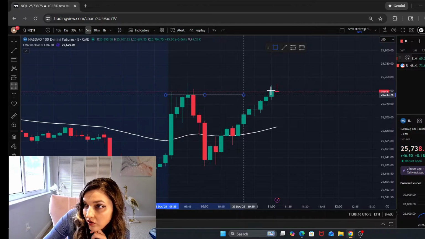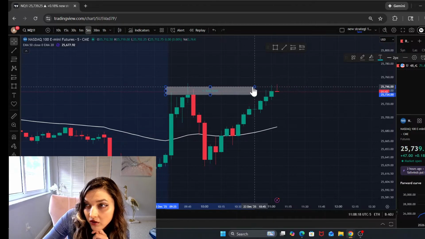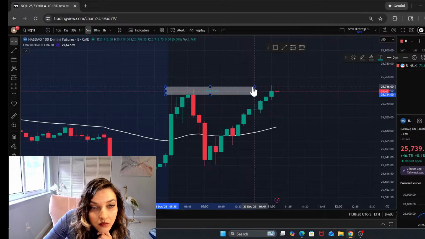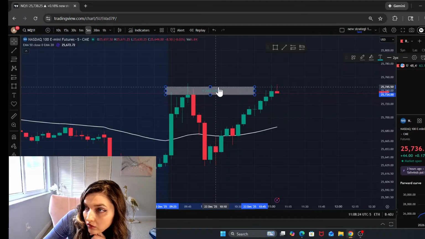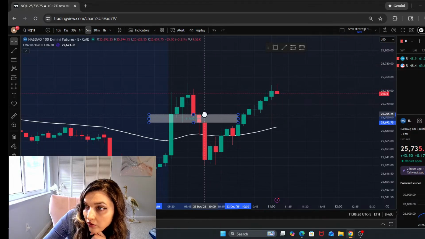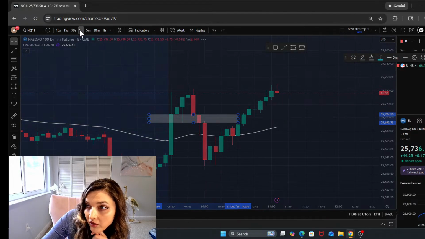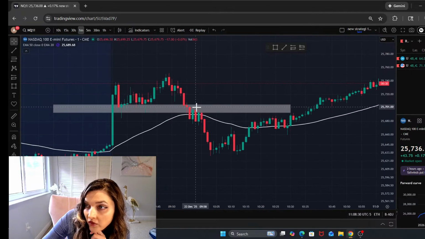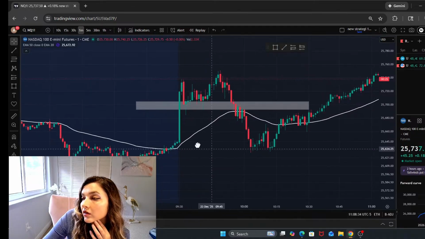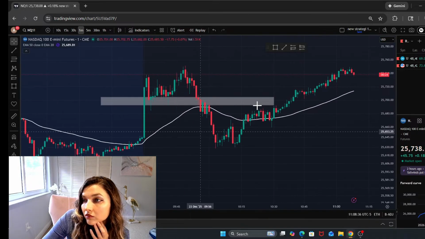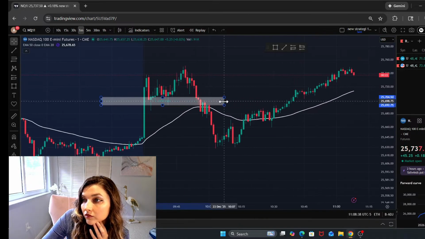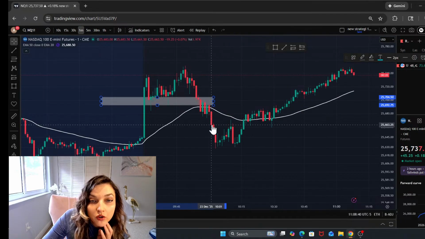Let me see. So you marked this area. Which area you marked? Here you saw the retest? Let me see. Here, right? This short you took?